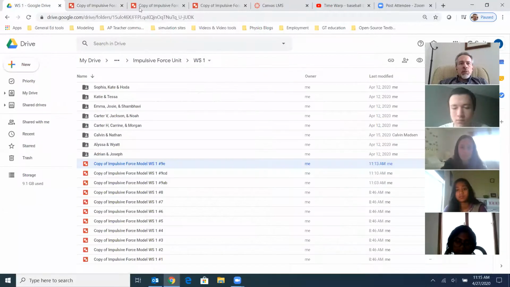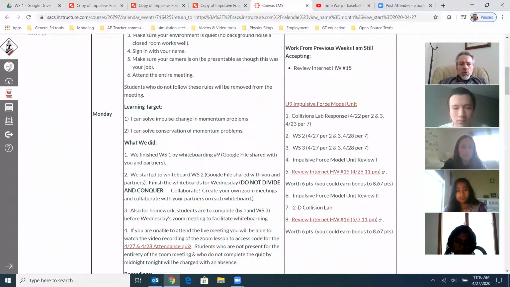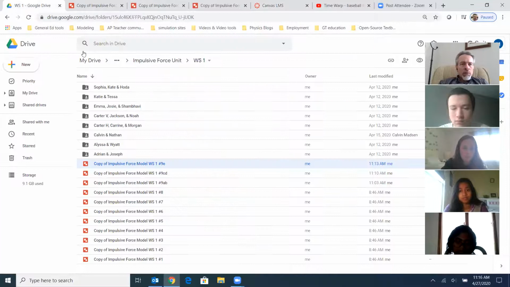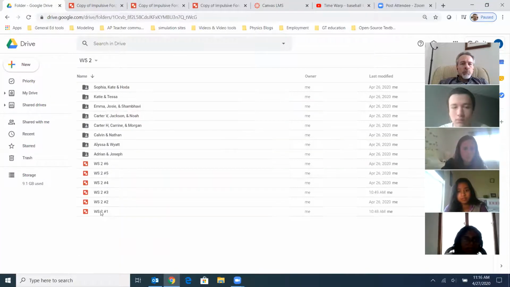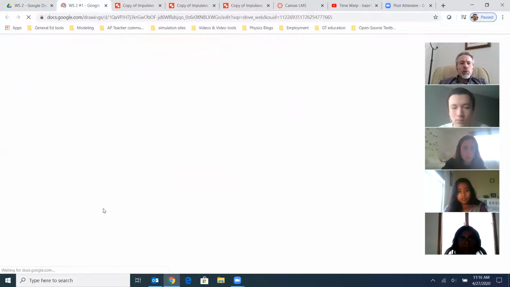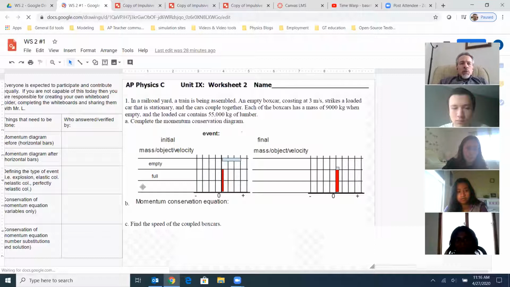Now the next thing we're doing is worksheet 2, which I shared with you as well. Let's see if I can find that. The first one we're doing has a train that's being assembled.